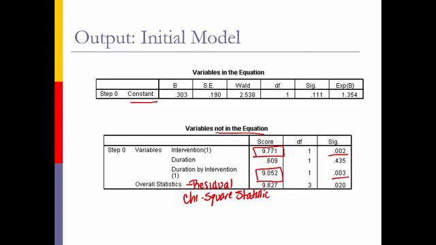But duration by itself is not significant, so it would not be entered. And so the overall chi-square tells us that it is significant. So the coefficients that are not in the model are significantly different than 0. So what does that mean? That means a big asterisk.